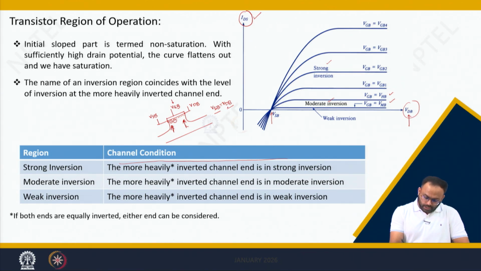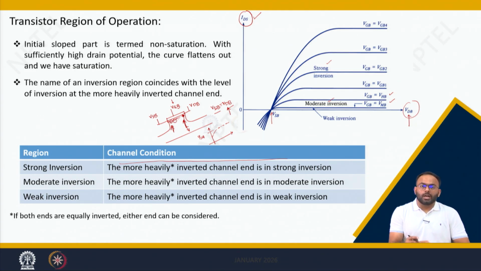But now if you increase VDB, as we know from the 3-terminal structure, the surface potential of the channel at the drain side gets fixed to psi SA, meaning the channel charge here will decrease. So the inversion charge is more at the source side and less at the drain side.